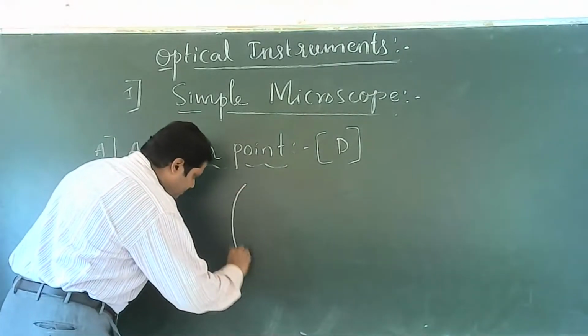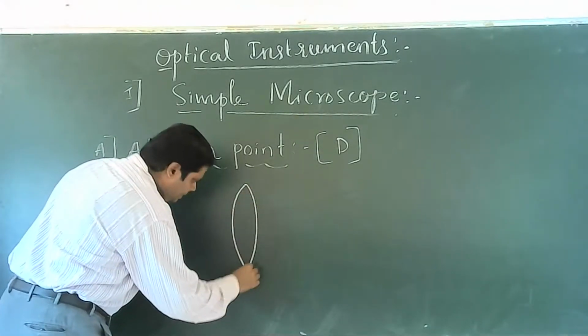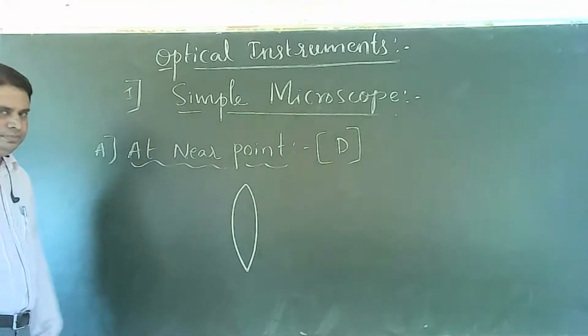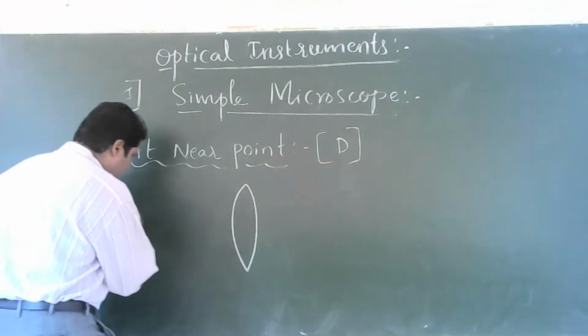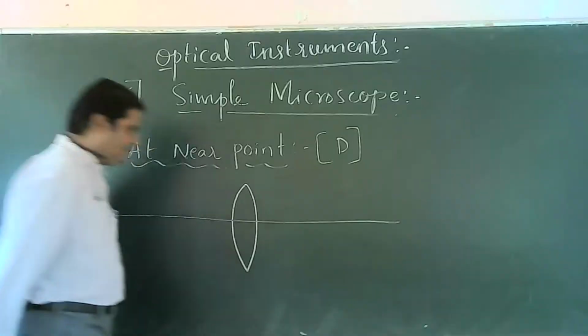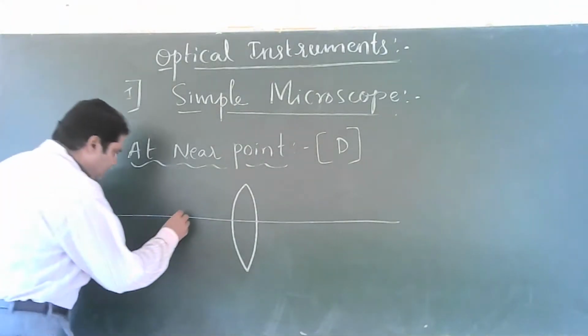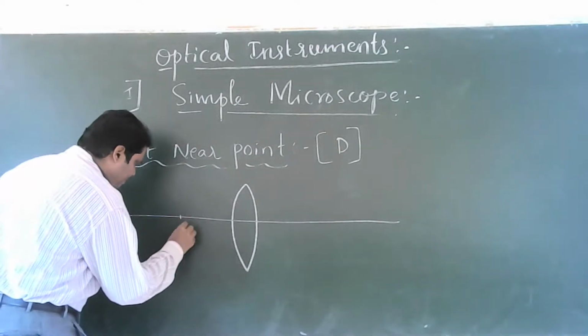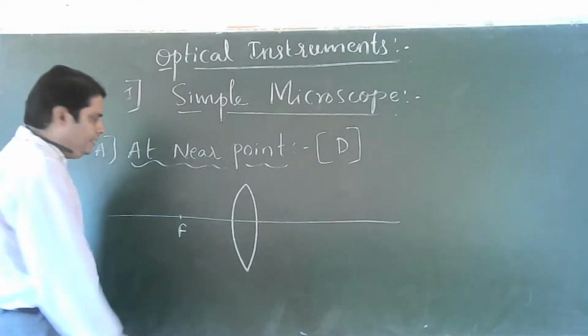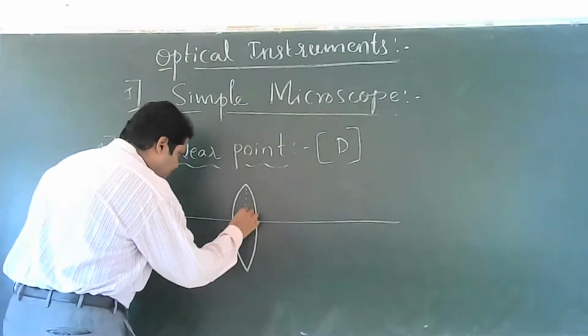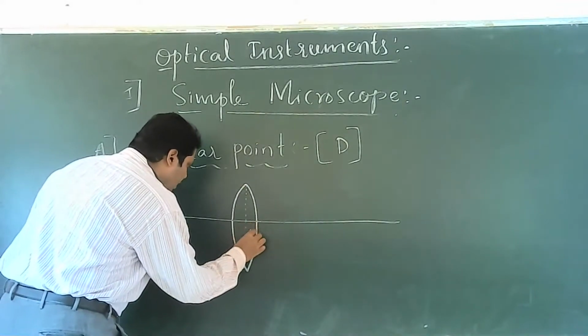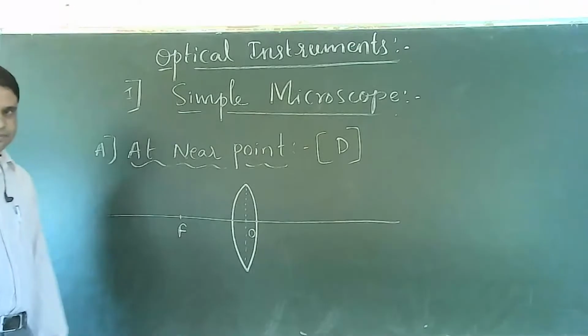How to draw this? Let us consider a lens with the principal axis. Let this be F, and let O represent the optical center.